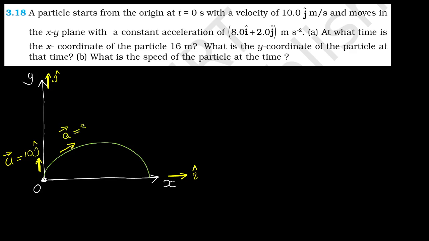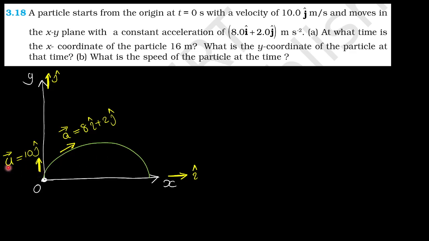What is that acceleration? 8I plus 2j meter per second square. It means that 8 meter per second square along the I direction and 2 meter per second square along the y direction. That is the meaning: 8 meter per second square acceleration along the I direction and 2 meter per second square acceleration along the j direction.